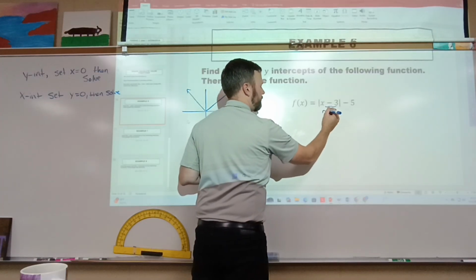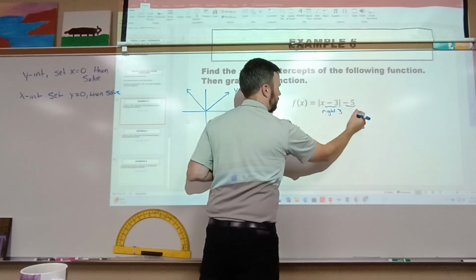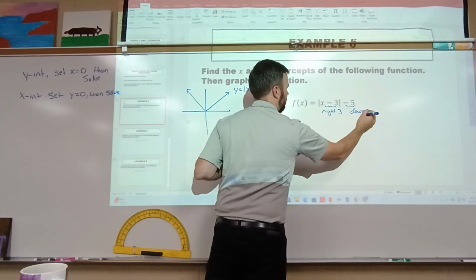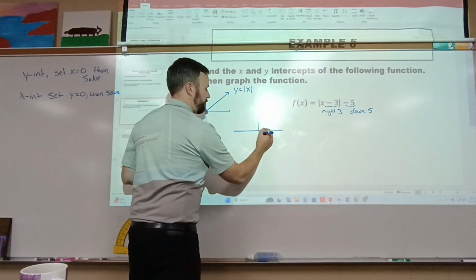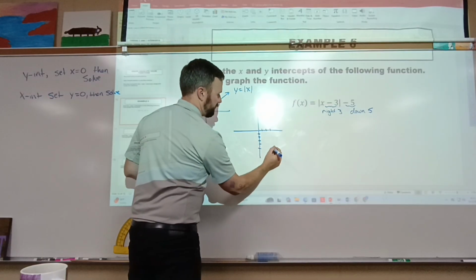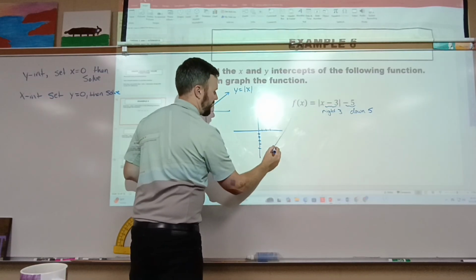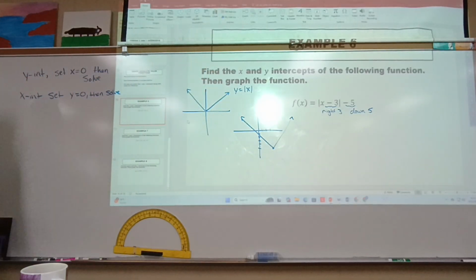That's going to go right 3. And the minus 5 is going to tell us to go down 5. So right 3, down 5. This is just a sketch, not accurate, but about what the graph looks like.